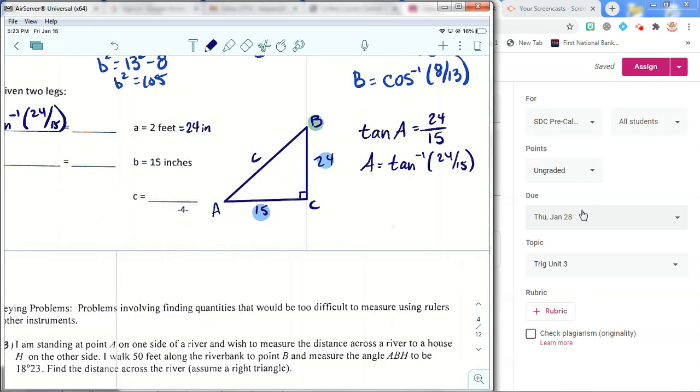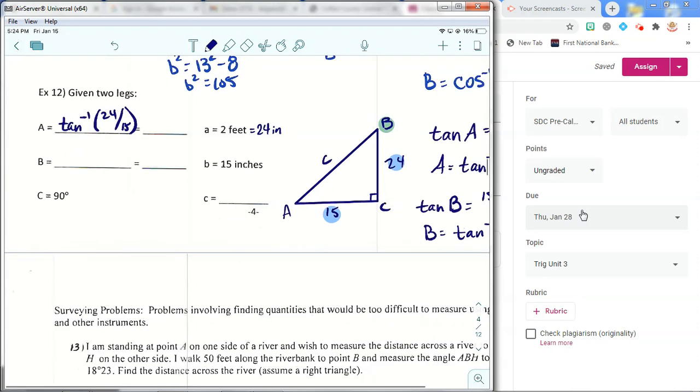Okay, and then we'll do the same thing with B. Okay, looks like we're still going to have to do tangent. So the tangent of B is going to be its opposite, which is 15, over its hypotenuse. No, its adjacent, which is 24. Okay. You just type that in.